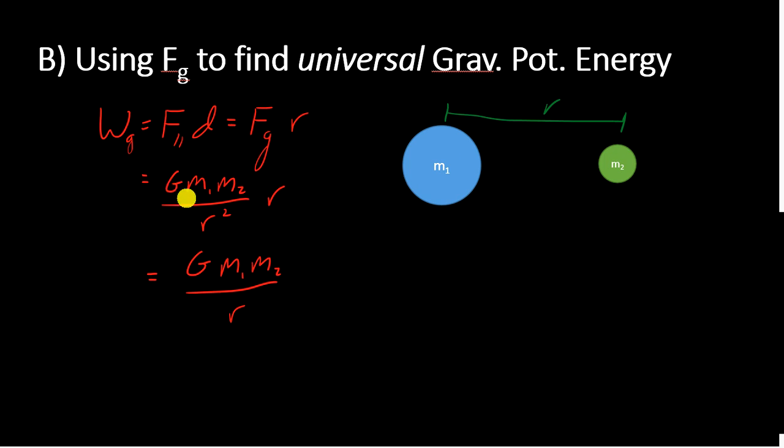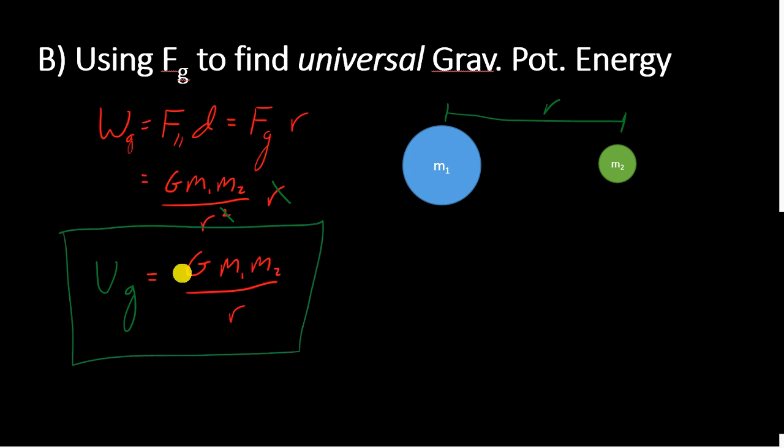So Fg, here we go, G m m over r squared multiplied by the distance, or the displacement, that's r. Well, I'm going to cancel out one of these r's right here. That's going to cancel with that. And I'm left with G times m divided by r. That's the work that's done by gravity, and this is what we called gravitational potential energy. This is our general, our universal equation for gravitational potential energy.